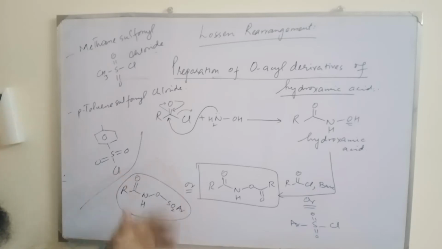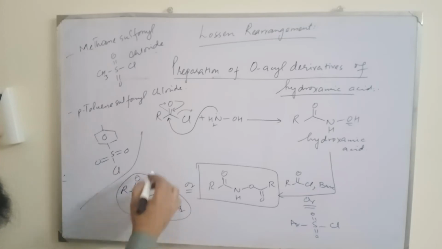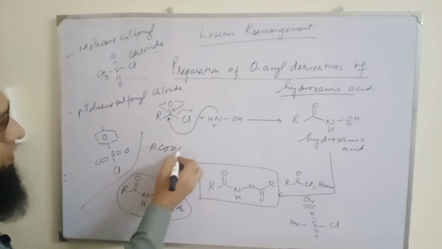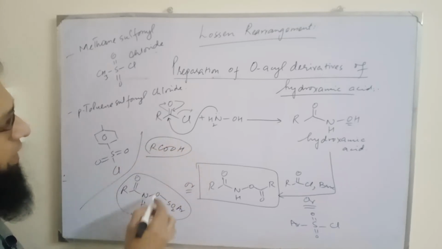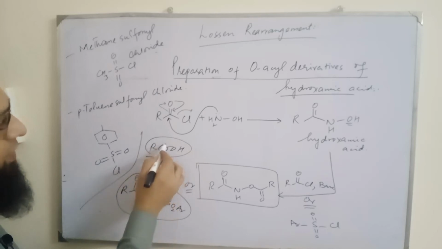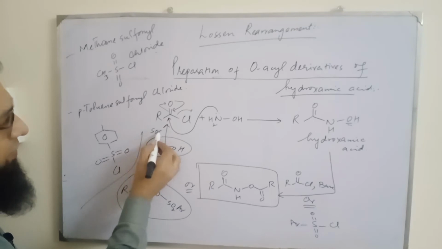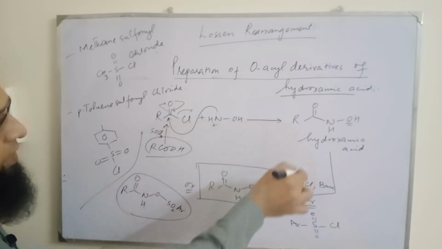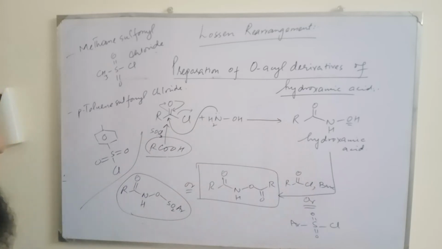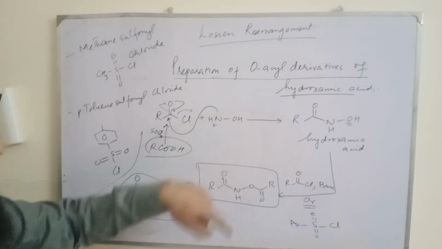This is one way. We can also use carboxylic acids. Carboxylic acids can be converted into acid chloride using thionyl chloride, for example, and which can undergo further transformation as shown here.